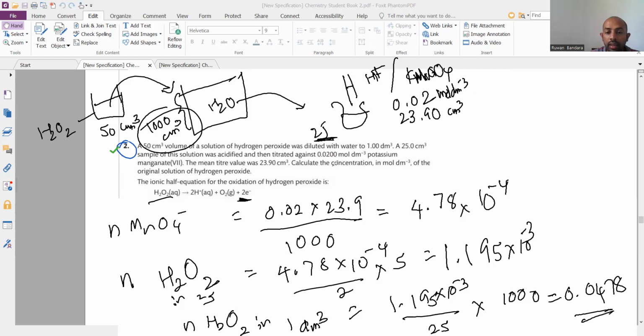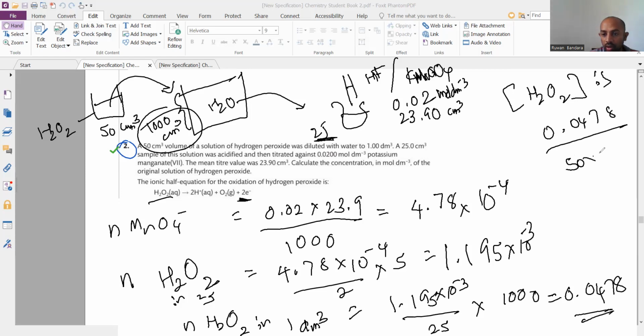And they ask for the concentration. So what is the initial volume? Initial volume is 50. So the concentration of H2O2 is 0.0478 divided by 50 into 10 to the power of minus 3.